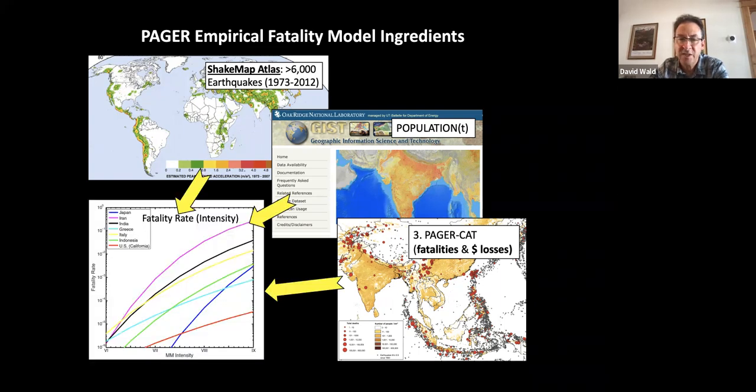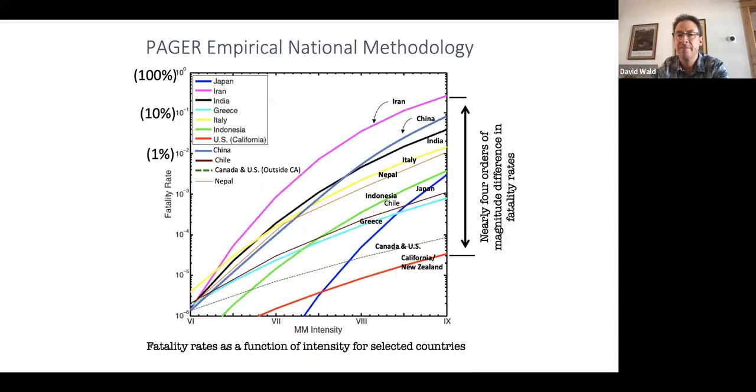And what we can do from that is build a curve for each country that shows for each intensity level, what fraction of the exposed population is likely going to be killed. So for California, where there's very, very well engineered and very well built houses, it's a very small number, maybe 1 part in 10,000.